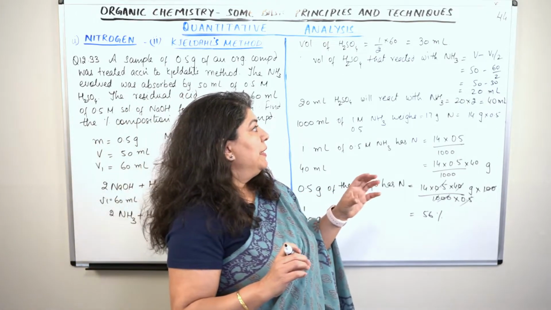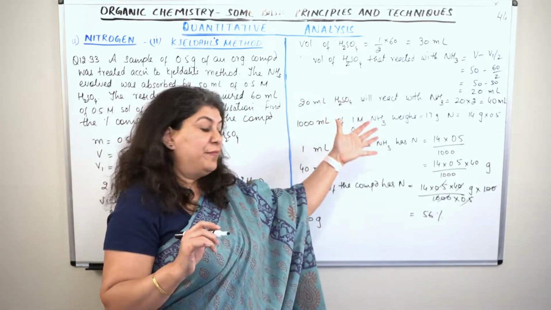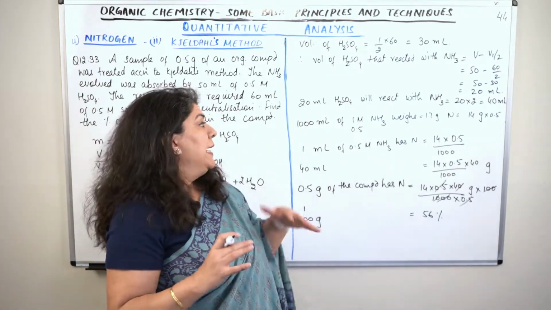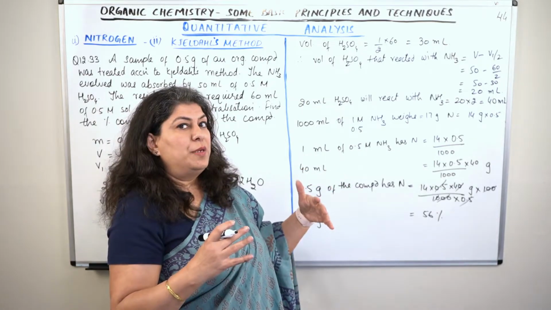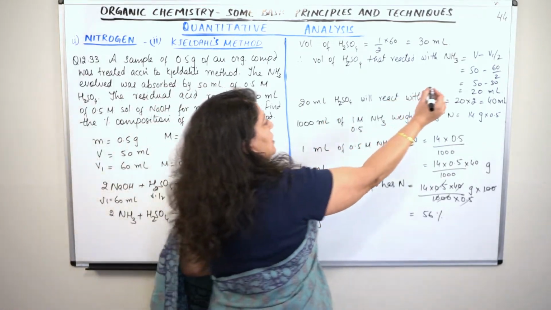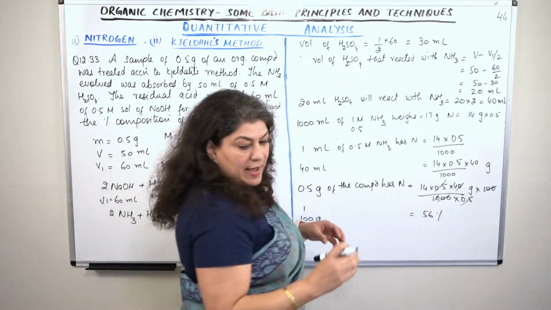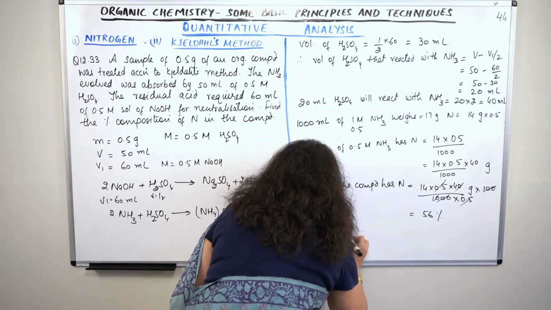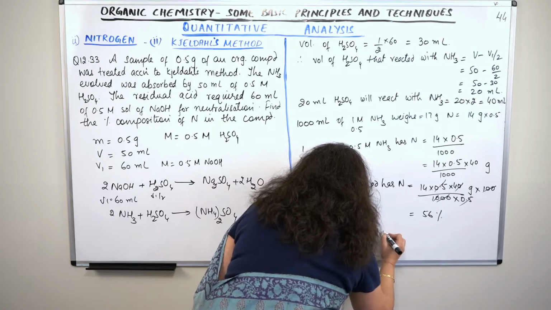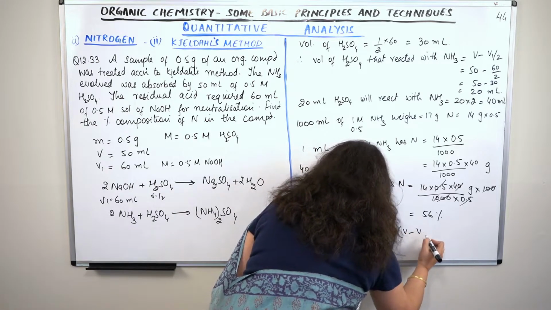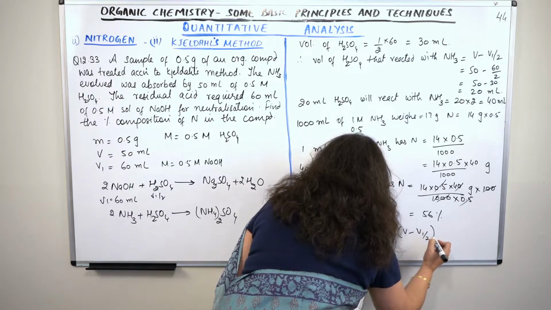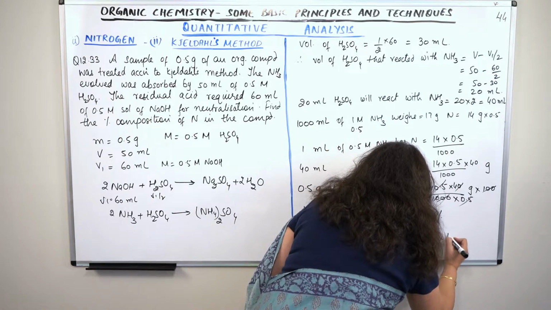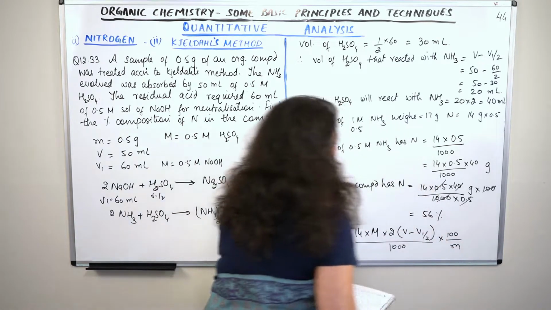If you remember, it is best to solve the problem like this, understanding every step, what happened, what did not. It would have been easier if I had just used V1 by 2 and the equation given in the textbook, that is, percentage of nitrogen can be calculated as 14 into molarity into twice V minus V1 by 2, upon 1000 into 100 upon the original mass of the compound.